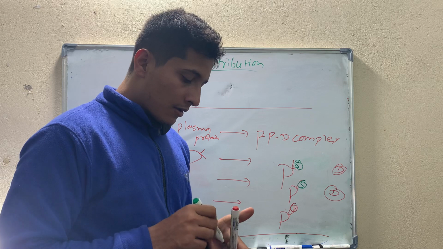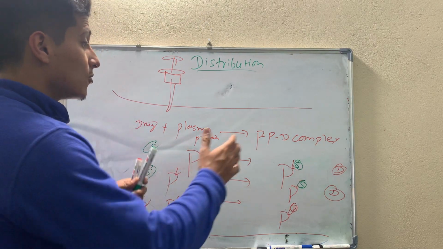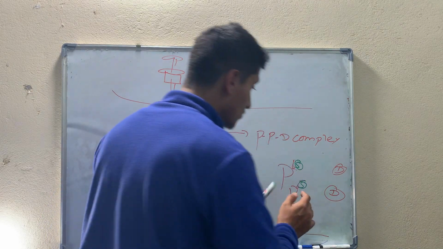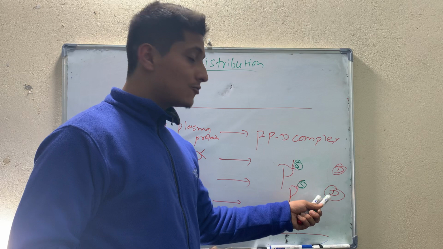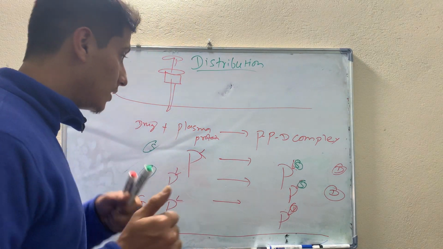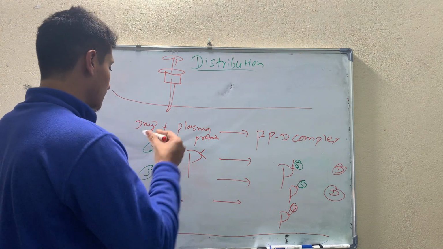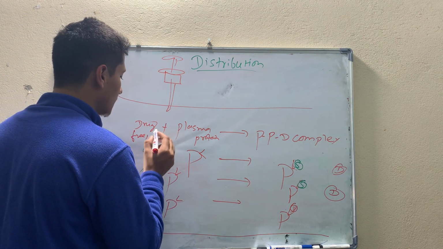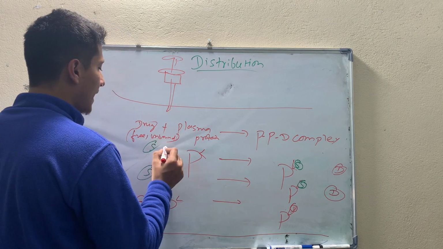So what I'm telling you is, when this drug replaces the drug D, now the drug is free in the plasma. One thing we should keep in mind is this is the free form of the drug. It's unbound, and it's a very active form.